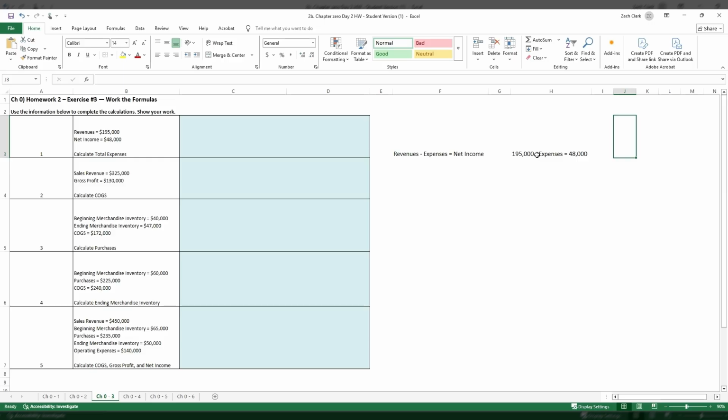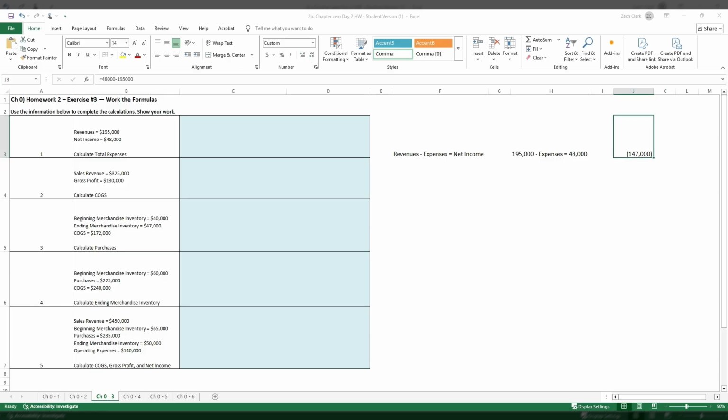Since we have negative expenses equals, let's say, equals 48,000 minus 195,000. So if we subtracted 195,000 from both sides, we would end up with negative 147,000. And then our equation would read negative expenses equal negative 147,000.